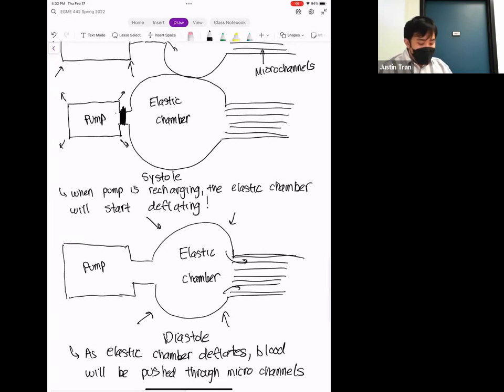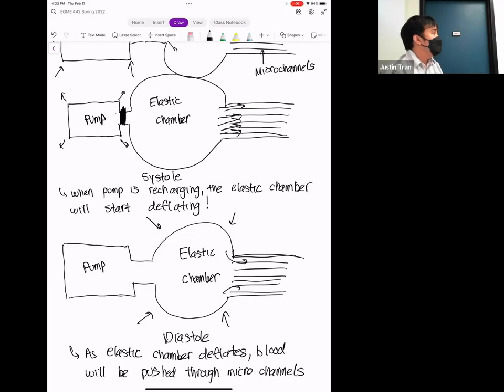Another feature of the Windkessel that works out really well is that in both phases, we have flow going through the microchannels. During systole, when the heart is pumping, there's flow through the microchannels because the elastic chamber can't hold all of it. You have a huge influx of blood, and even though some of it fills the chamber, some of it does go through the exit.